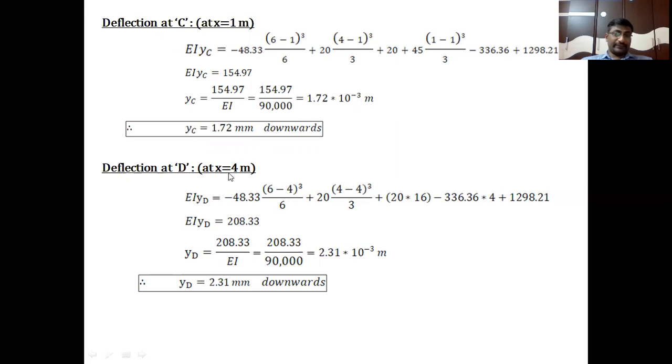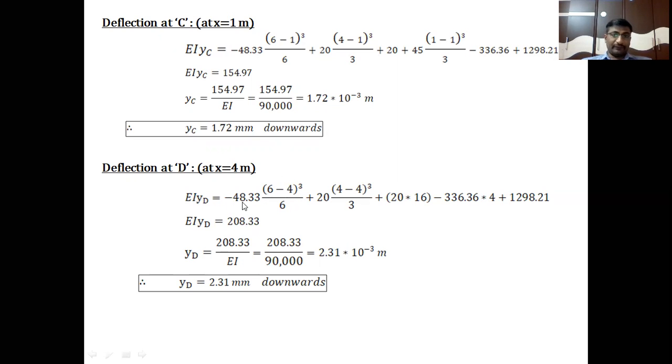So deflection at point D, that means at x is equal to 4 meters. So in the same deflection equation, substitute in place of x 4 meters. So EI YD is equal to, YD means deflection at point D. If you write YD in place of y, you have to substitute 4 meters in place of x.